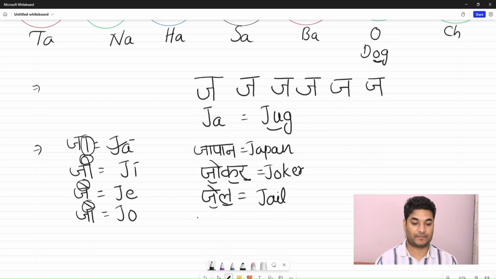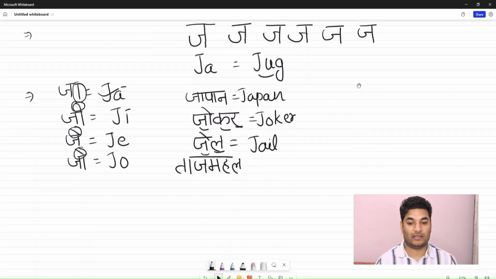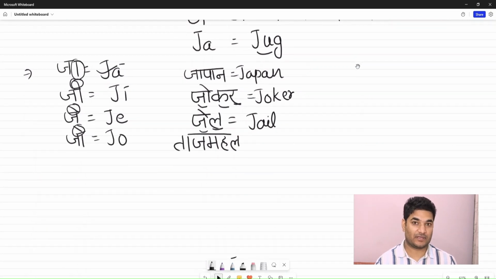Then we have Taj Mahal, the most famous monument of the Indian tourism map.